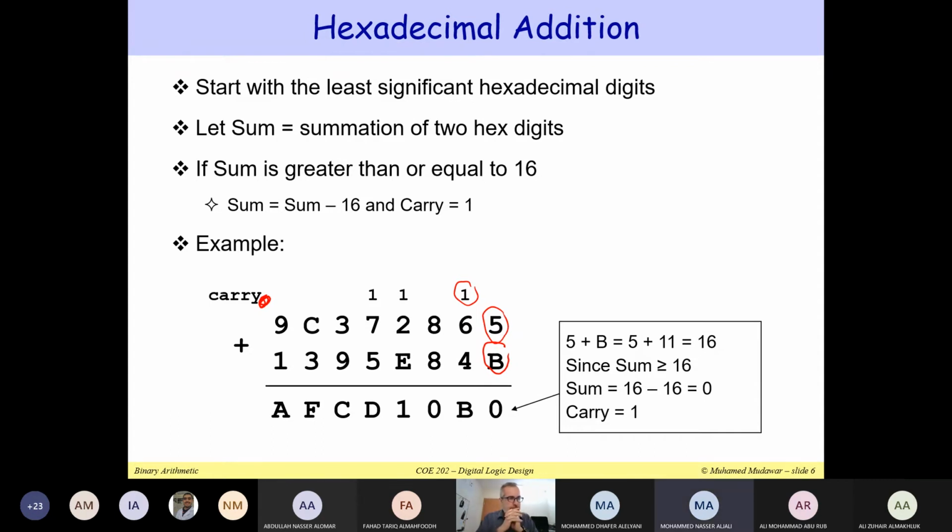Ahmad, you have a question? Yes, can we add decimal with hexadecimal? Anna, let me ask you this question. Can you add decimal with hexadecimal? I don't think so. Why? Because maybe the radix is different. Yes, because the radix is different. So you answered yourself.